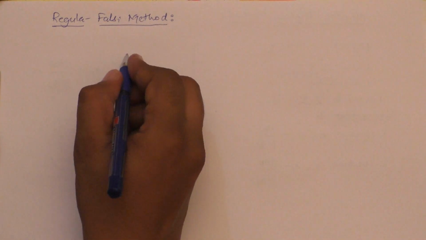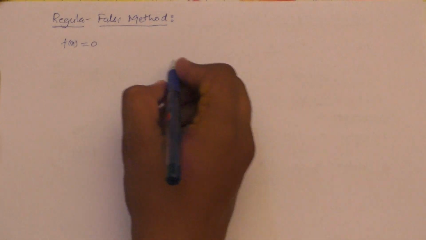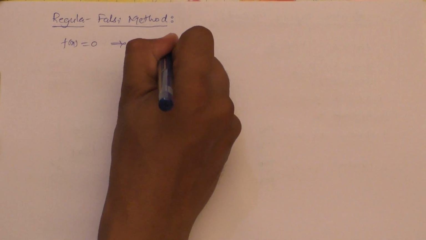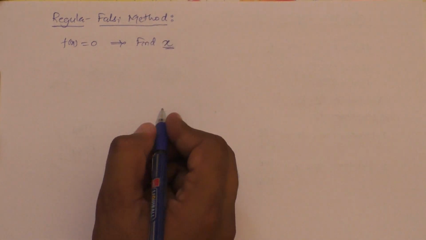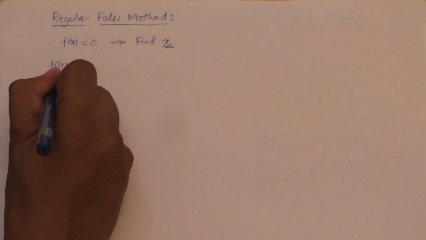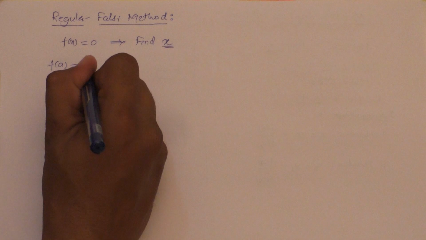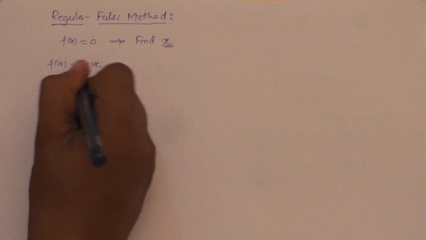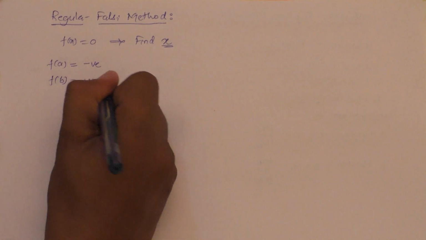In the case of the Regula Falsi method, for a given equation f of x equal to 0, usually the question will be find the root x, find the solution x. In this case substitute simple values like 0, 1, 2, 3, 4 and so on. One value will lead to a negative value, another will lead to a positive value.